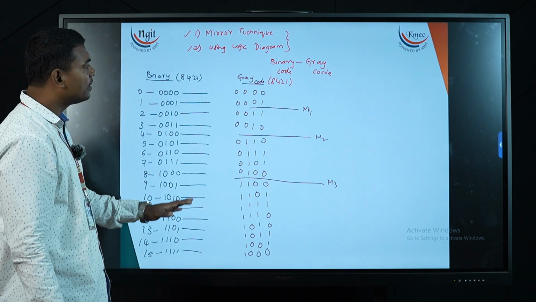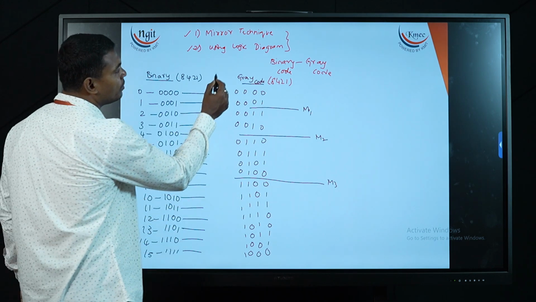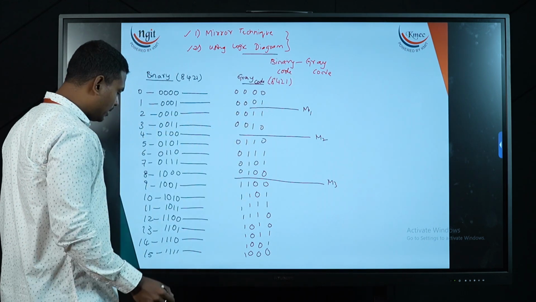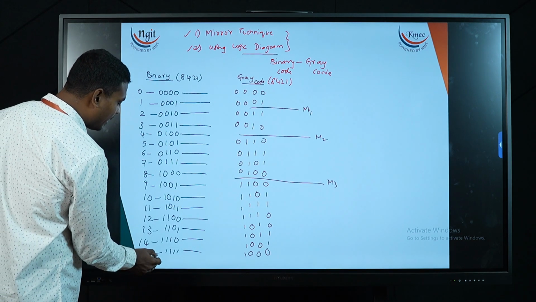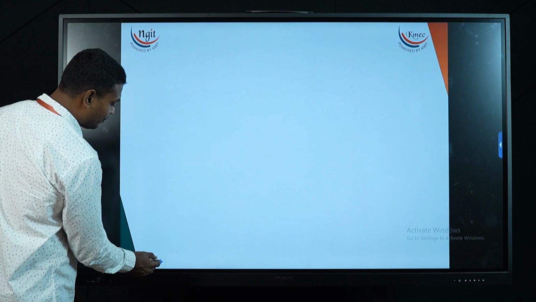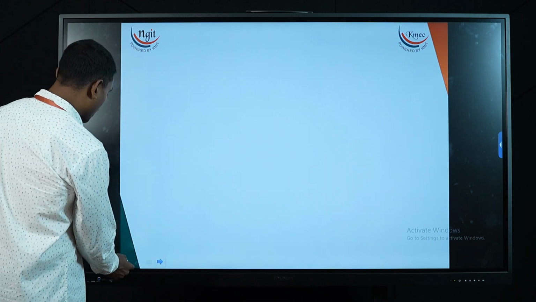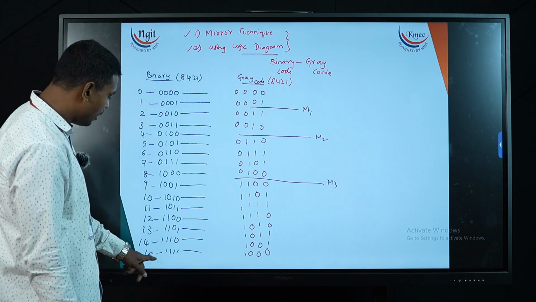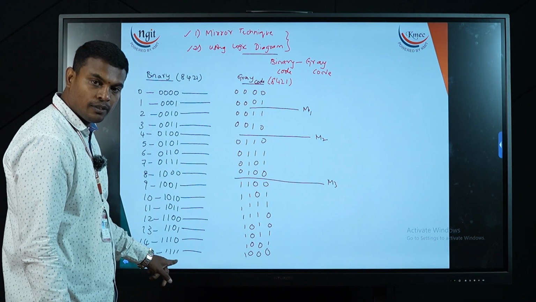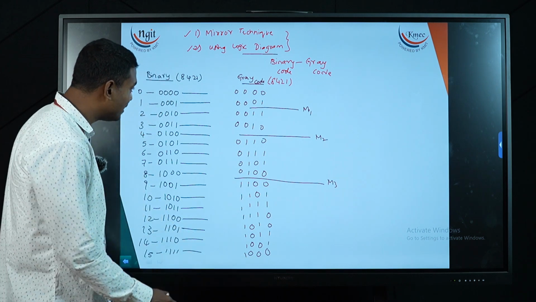Now after this, we'll get on to the logic diagram concept. Let's see how the logic diagram will work for me in generating a gray code. Now we'll write two values. For example, for 15 I have 1000 as the gray value.